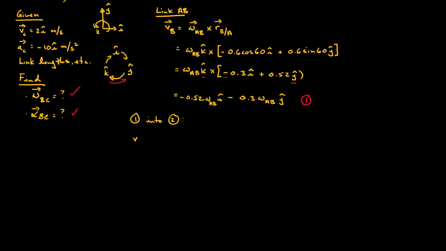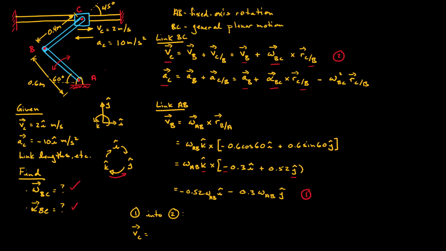we have VC is equal to VB, and we found VB to be negative 0.52 omega AB in the I direction minus 0.3 omega AB in the J direction plus, and now we have omega BC crossed with R of C with respect to B. As we did with omega AB, we're going to assume a direction for omega BC.